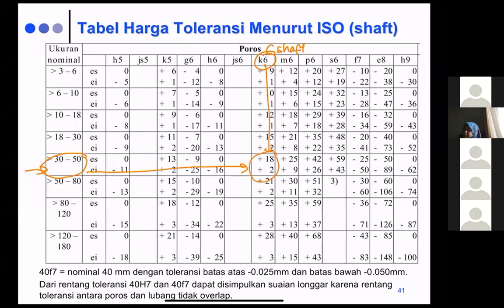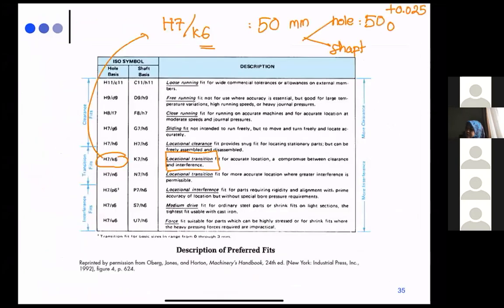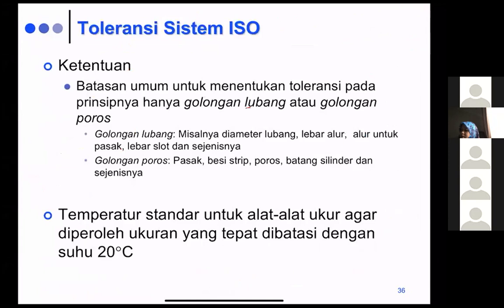This should be plus 18 and also plus 2. Then I can write back here: the shaft would be 50 and then plus 0.018 and then plus 0.002. If you think about it, between here and here, it's real.